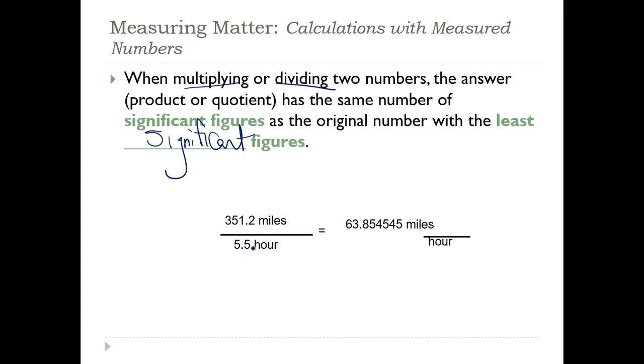Since this had 2 and this had 4, we should report only 2 sig figs. So we look at this one, and then we look next door. If this is 5 or more, we round up. If not, keep it the same. So we would say 64 miles per hour.